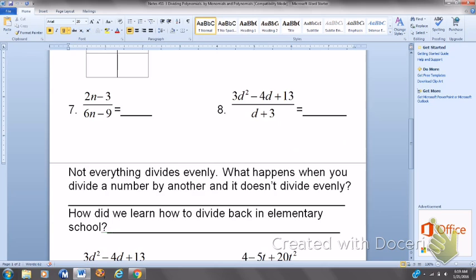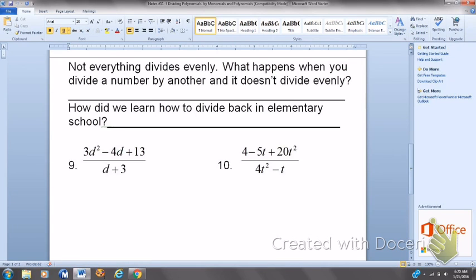When it does not divide evenly, there's no way to get that. What you have is a remainder, which is expressed as a fraction.